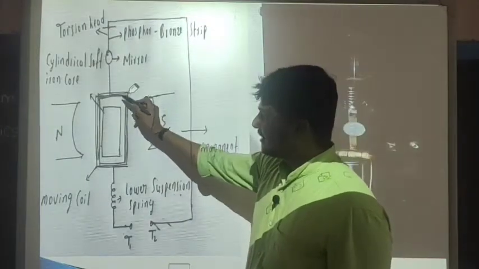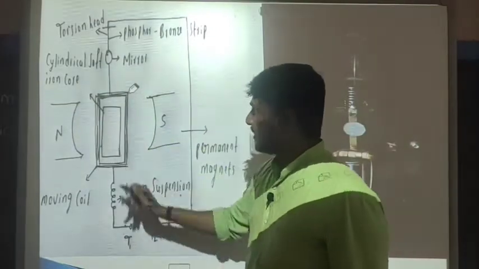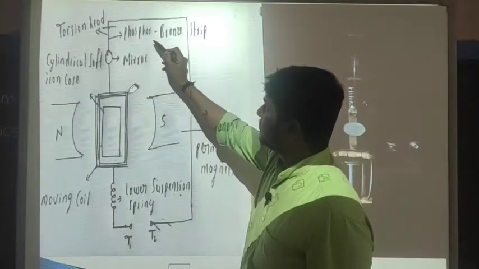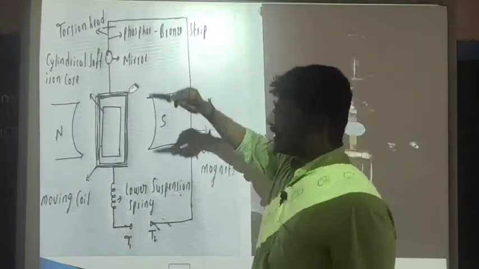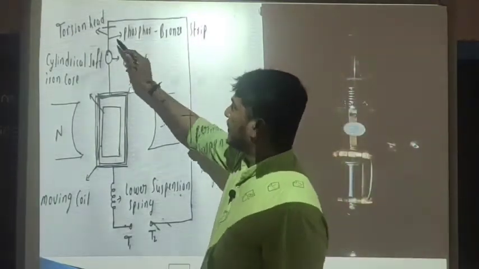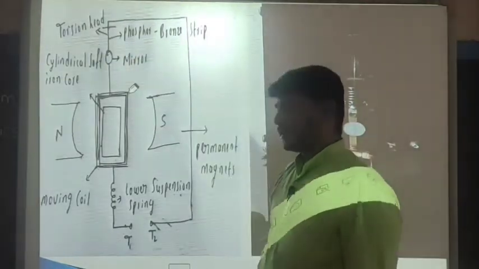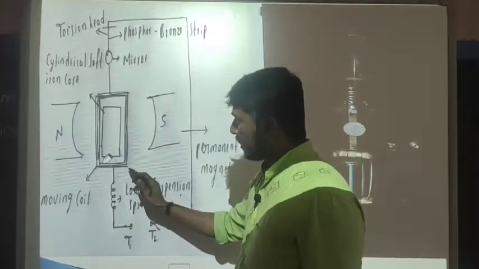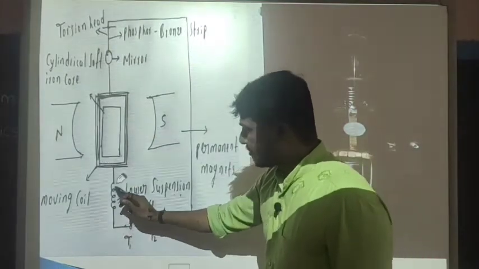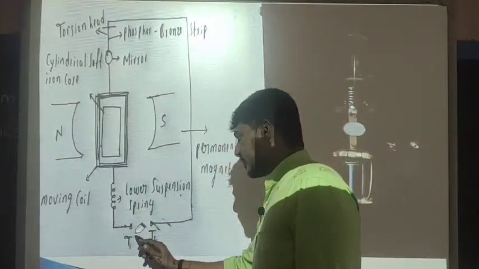Exactly at the center of the moving coil a cylindrical soft iron core is placed, and the upper end of the moving coil is connected to a phosphor bronze strip, and a mirror is attached to the phosphor bronze strip. Then the upper end of the phosphor bronze strip is connected to the torsion head. Then the lower end of the coil is connected to the phosphor bronze spring which has a small number of turns. Then this spring is connected to the terminal T1.